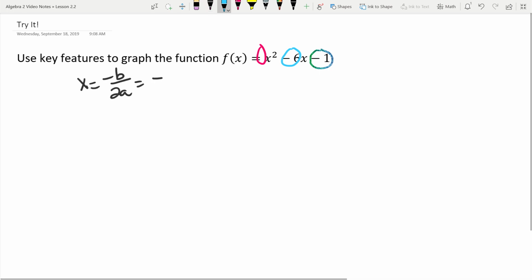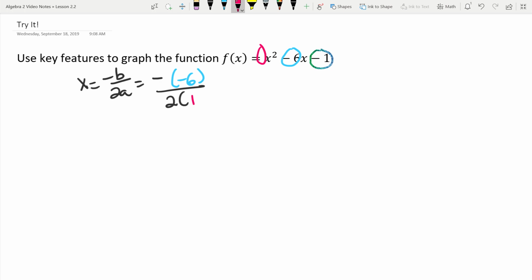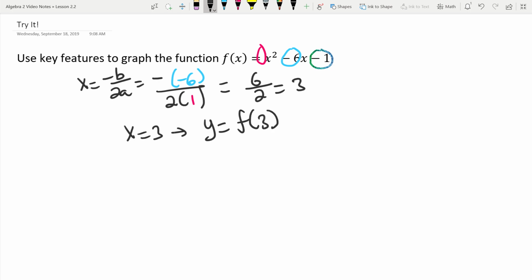So x equals negative b over 2a. We got negative 6 over 2 times 1. So we get positive 6 over 2, which is 3. So x equals 3. Now we plug it in to get y. So we plug f of 3. So we plug in 3 into x here and here. So we get 3 squared minus 6 times 3 minus 1.